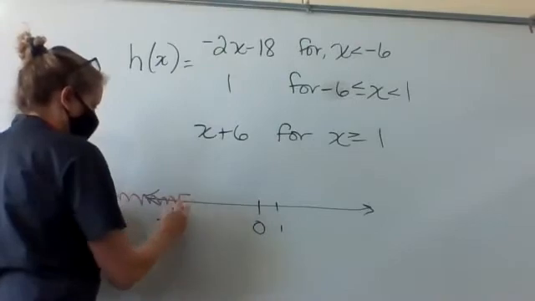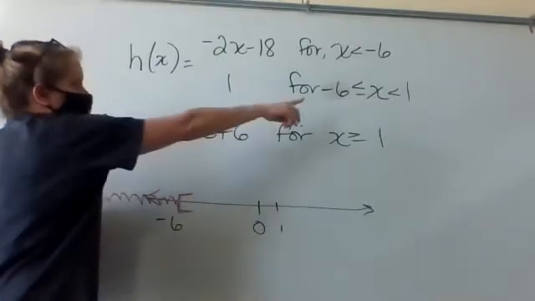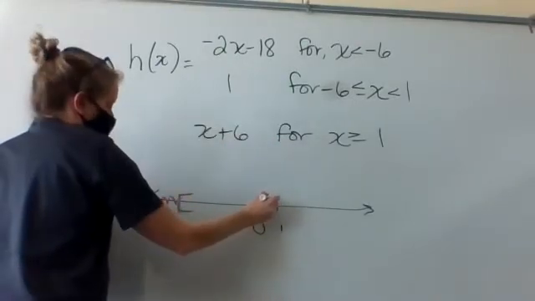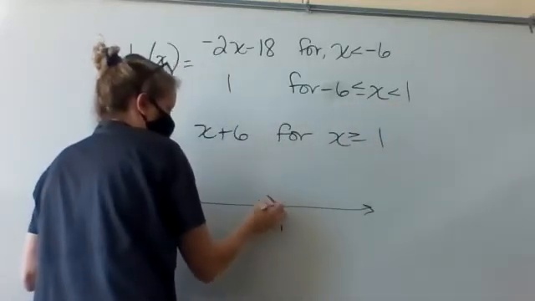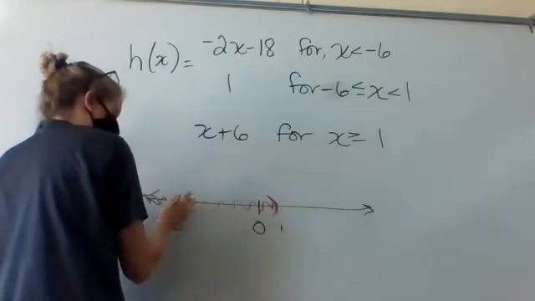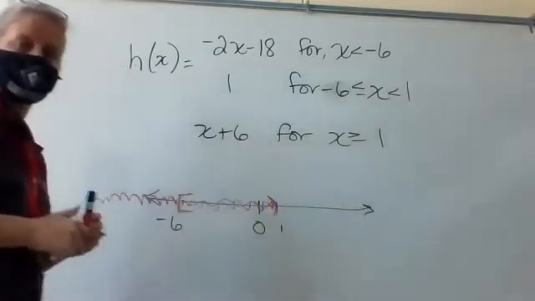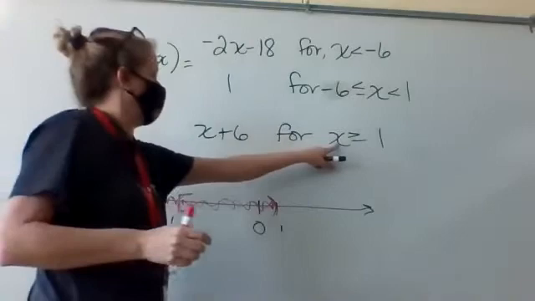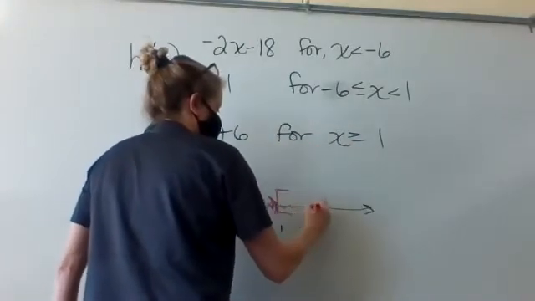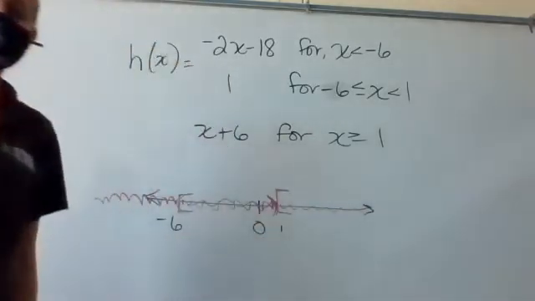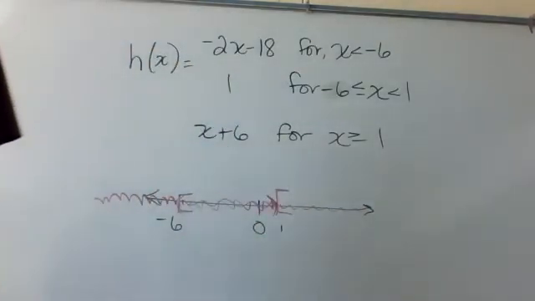And x is less than 1. So not including 1, right? Not x equals 1. X is less than 1. So that includes those numbers here. And what does the last piece include? When x is greater than or equal to 1. So those are your three pieces that are happening.